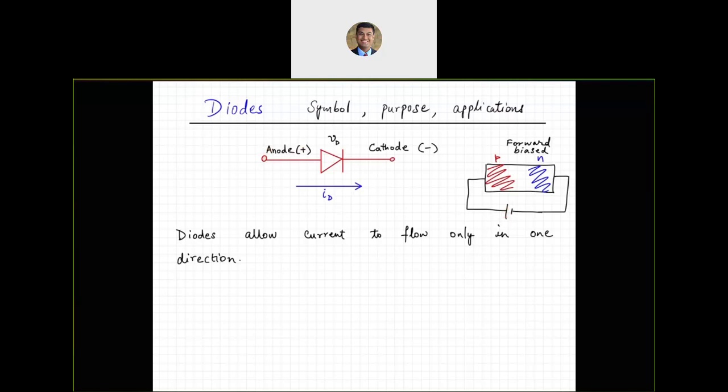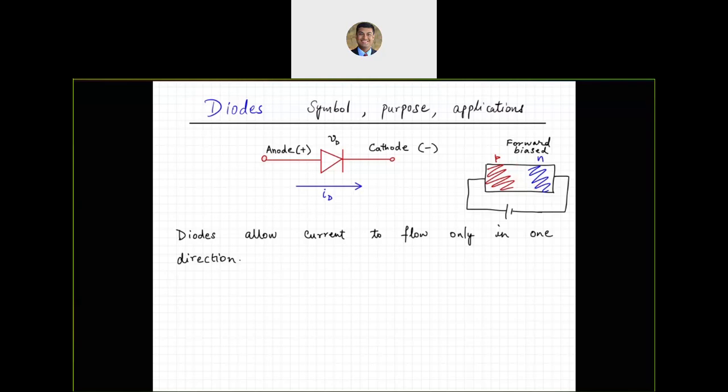And you probably can guess by now what would happen if I switch the polarity of my voltage source. If I switch this polarity, the negative is going to attract the positive here, and the positive is going to attract the negative. Because of that, the depletion layer, whatever intrinsic semiconductor layer is in the middle, is going to become bigger, which means that the charge exchange cannot happen.